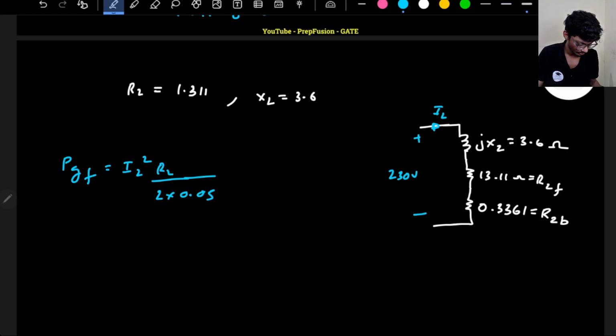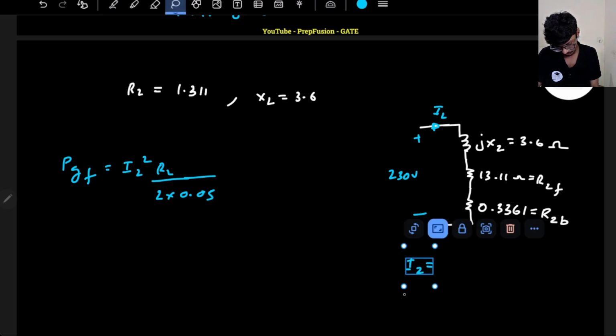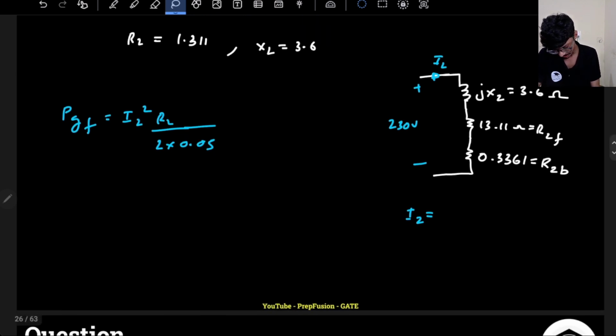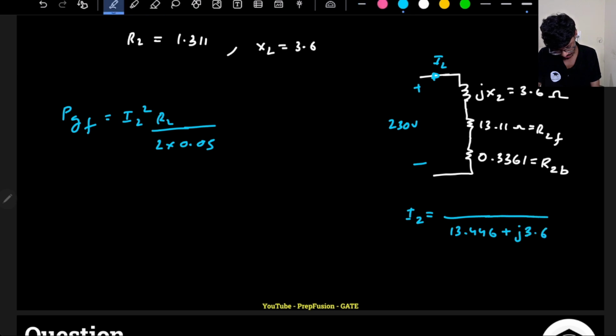So I2 will be equal to, let me write the equivalent resistance, that is 13.11 plus 0.336, that is 13.446 plus j 3.6, and 230 volts.